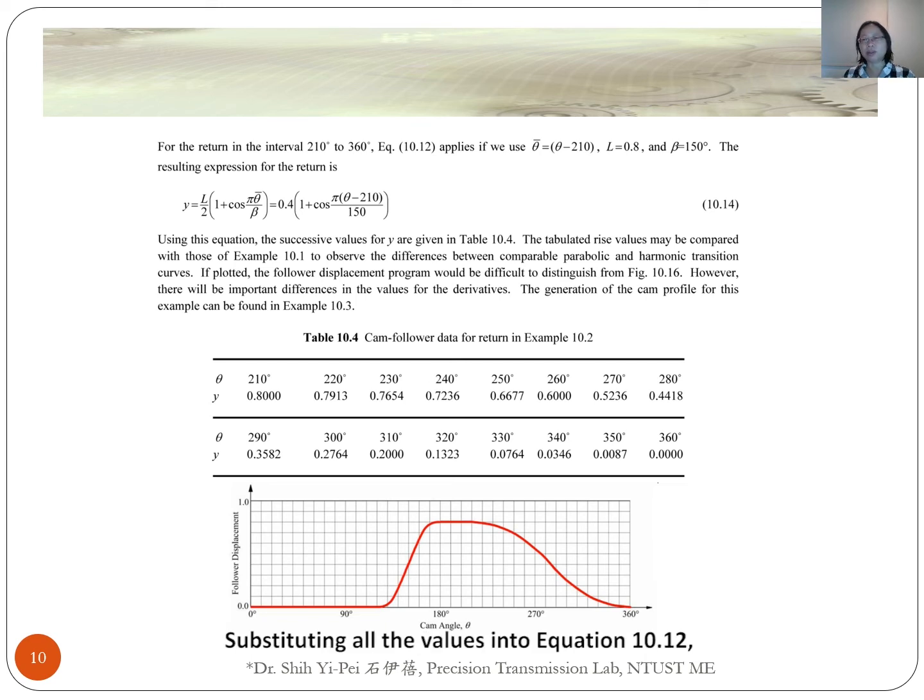Substituting all the values into equation 10.12, we get the resulting expression for the return interval and list it in equation 10.14. Using this equation, we calculate the displacement y for the return interval, and the result is in table 10.4.